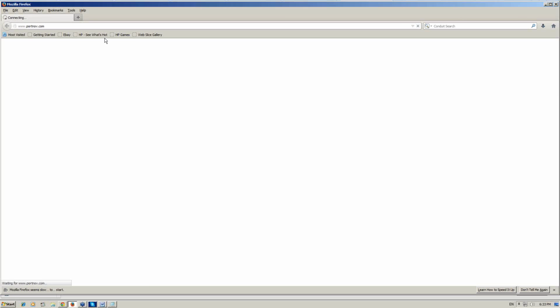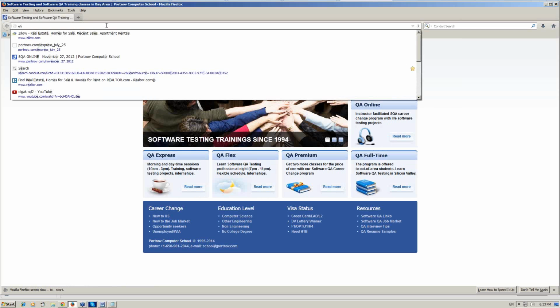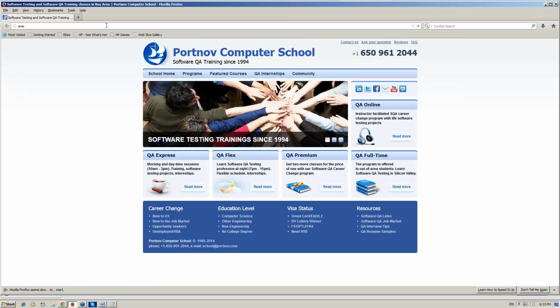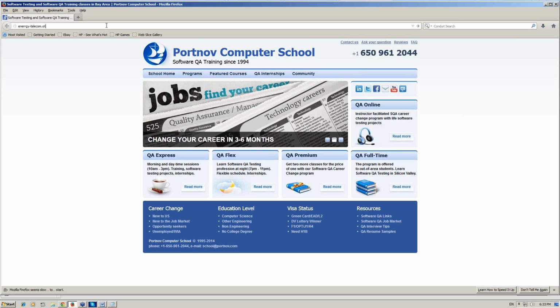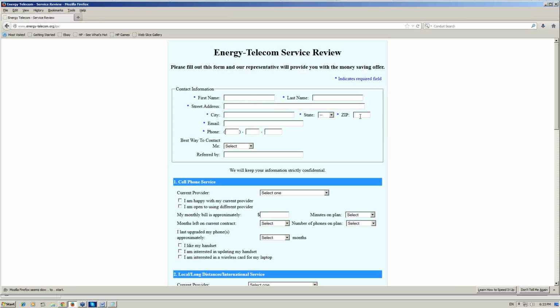Let me go to a Firefox browser. I'm just trying to see if they are consistent in how they work. Let's go to zip code.